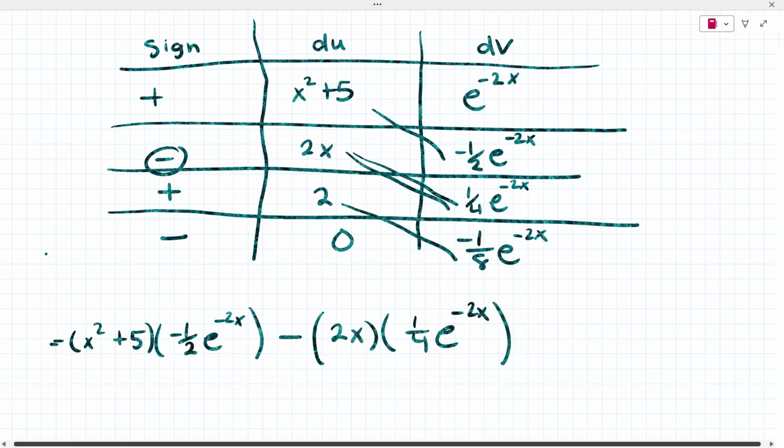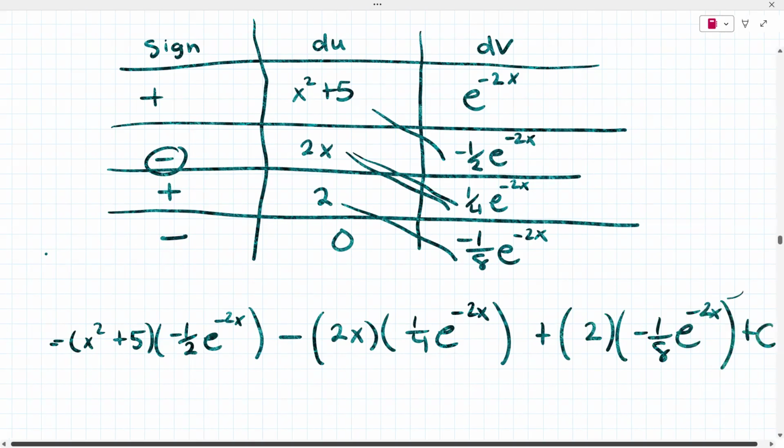And then keep on going, the sign changes to a positive, and it's going to be 2 times negative 1/8 e to the negative 2x. And then don't forget the plus c. So this is the right hand side, right?